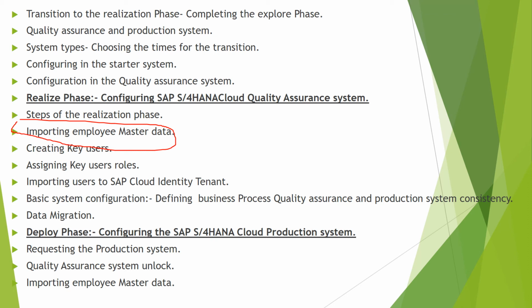Then regional settings show the decimal notation, date format, time zone, time format, and language. And then assign business roles, business role ID, everything is there. Employees means we have EMP_.